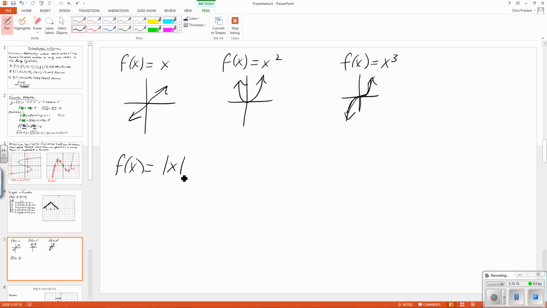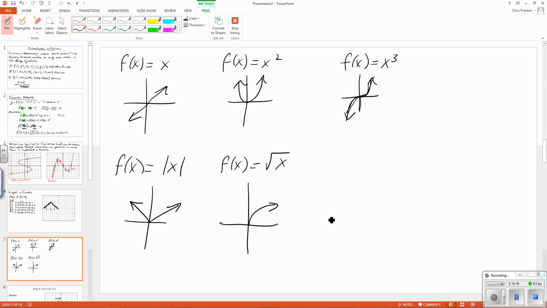It's the absolute value of x. If you look at that shape that I just drew, it usually looks something like a V. So if I'm not getting that V shape, maybe I need to pick more points or check my calculations. Square root of x. It looks something like that. It's like a little curve starting there and kind of going. That's usually how it looks.